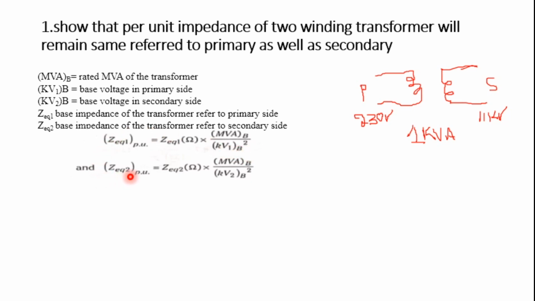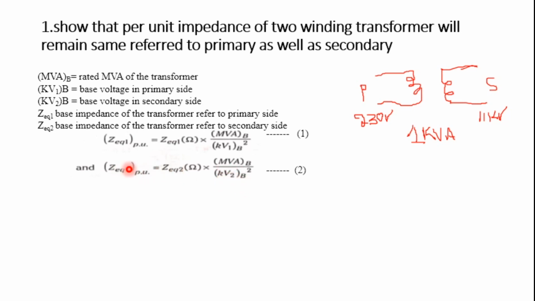Similarly, consider it is for equivalent 2, what will happen? Z equivalent 2 in per unit is equal to Z equivalent 2 in ohm into MVA base divided by kV base squared. What is kV? It is subjected to the secondary side, it is kV2 base.